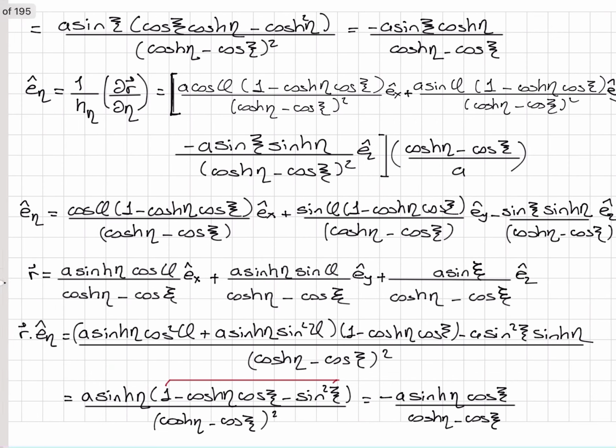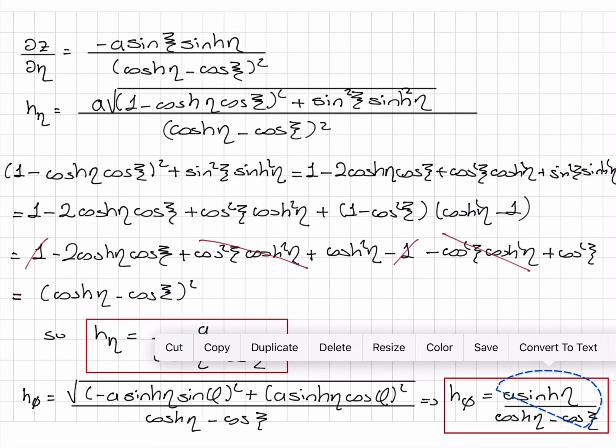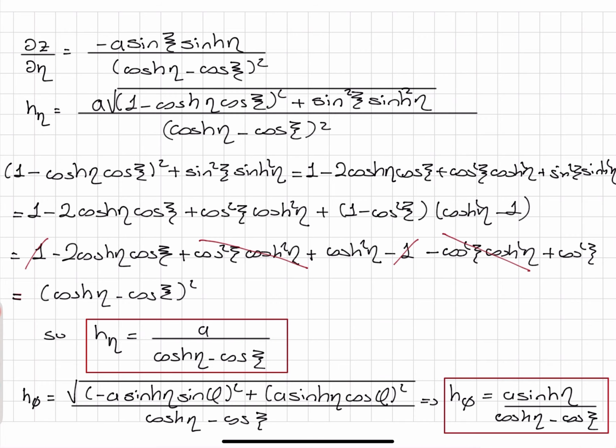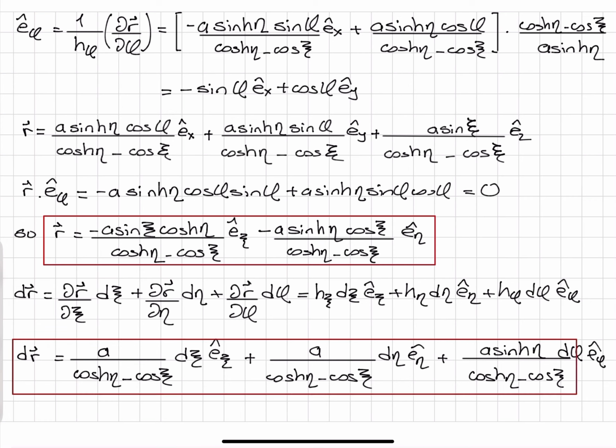And for phi, the scale factor was a sine hyperbolic eta divided by cosine hyperbolic eta minus cosine psi, so plus a sine hyperbolic eta divided by cosine hyperbolic eta minus cosine psi d phi in the e phi hat direction. So this is the final answer for the differential displacement vector.